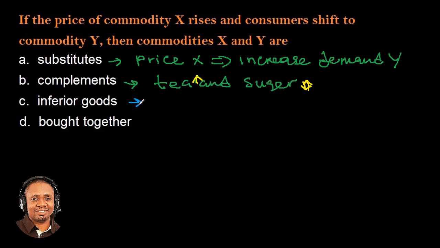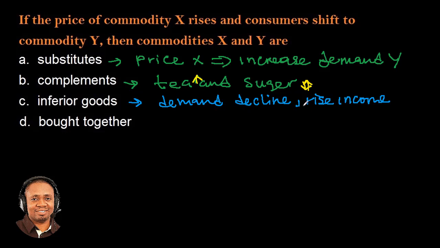For inferior goods, this type of goods is when the demand declines due to rise in income. So this is a case whereby your income has gone up and you start changing your taste, sort of like, oh, these are inferior goods, I can't go for goods like this.